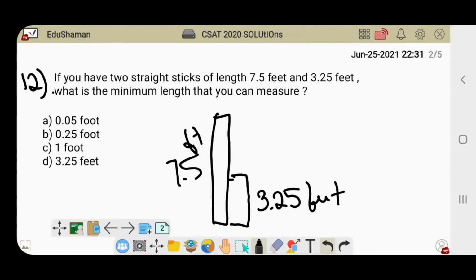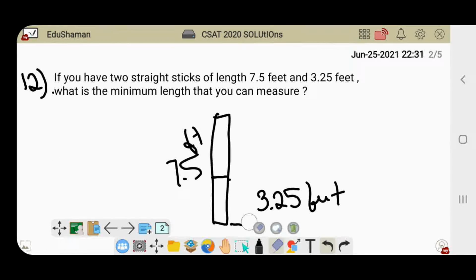We are not breaking these sticks, we just make a mark here, and next time we take this stick off. I'll erase it after making the mark, and we'll place the stick again on top of the mark, and this length would again be 3.25.